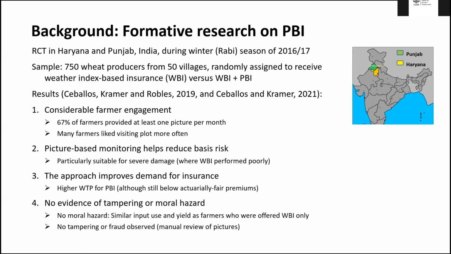Also, input use, of course, is self-reported. So the question is, maybe there's some socially desirable reporting, but also objectively measured yields did not vary across the two treatments. So farmers with picture-based insurance did not have lower yields than farmers with only weather index-based insurance.